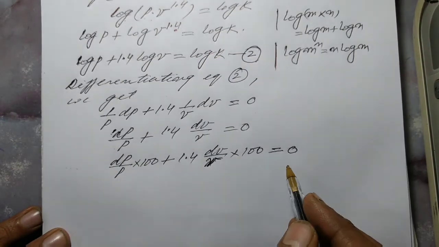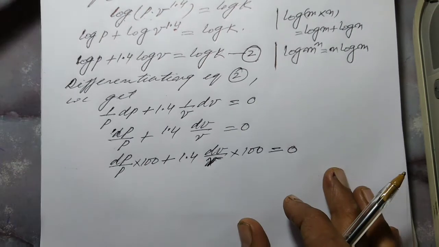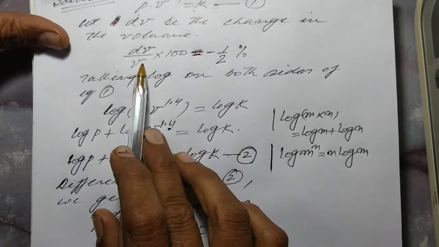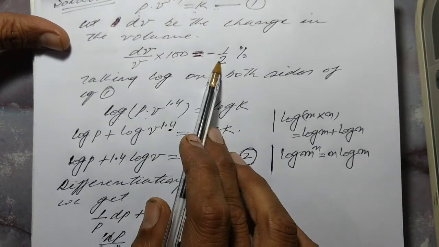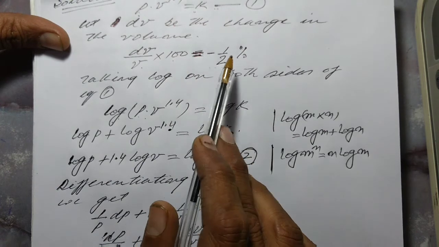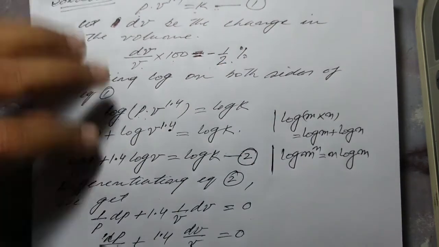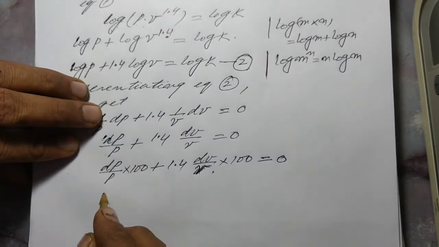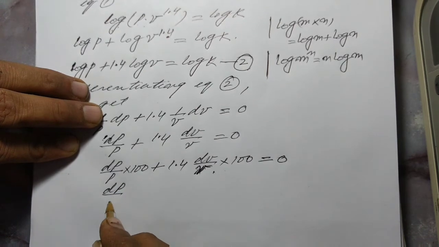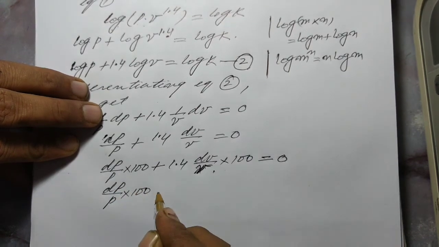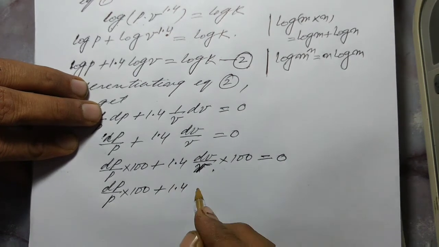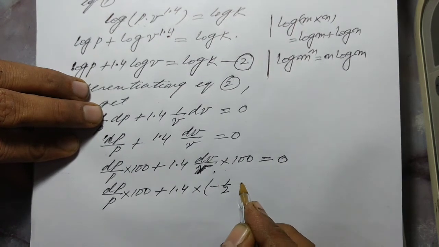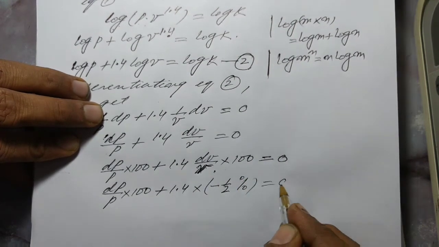Now, as it is already given in the problem that dV upon V into 100 is equal to minus half, that is the decrease percent in the volume, we may write here minus half percent. So we get dP upon P into 100 plus 1.4 multiplied by minus half percent is equal to 0.